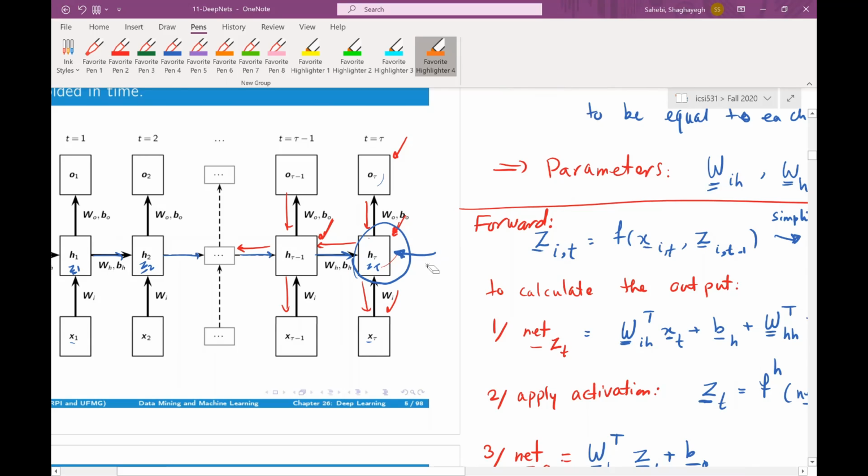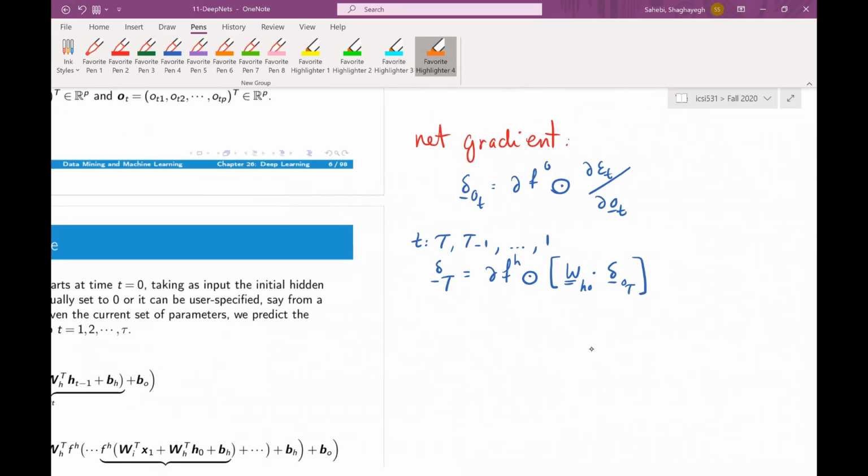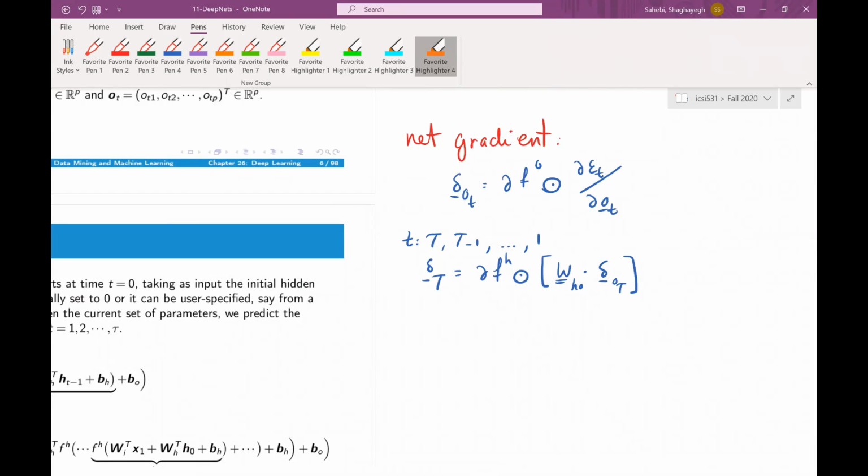So whatever is coming to this layer is coming from O. That's why we only need to calculate the net gradient of O and backpropagate it into this hidden layer using the weights W_O. This is only for the last layer. Okay, so for the last layer, we have this kind of net gradient.